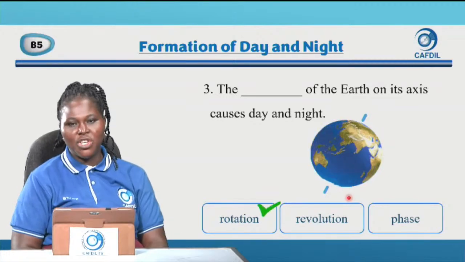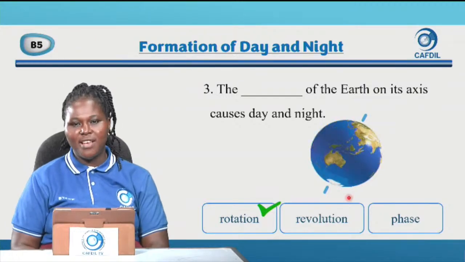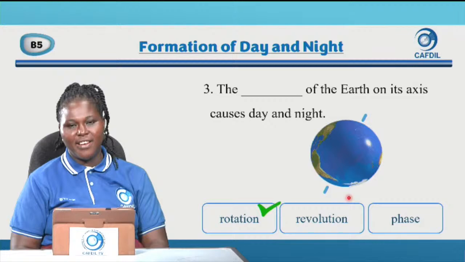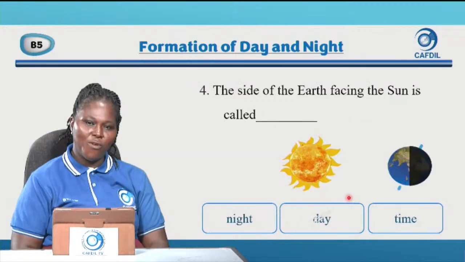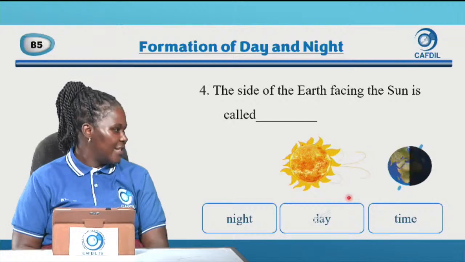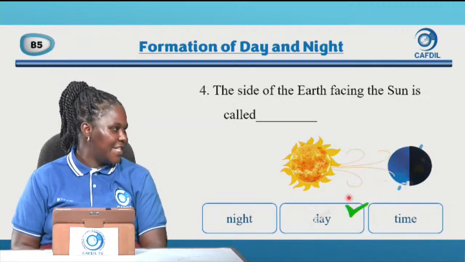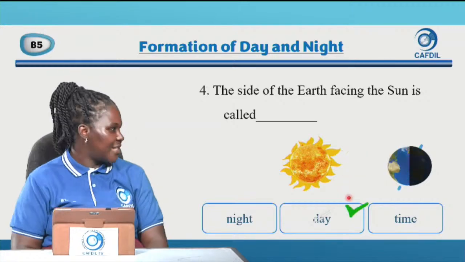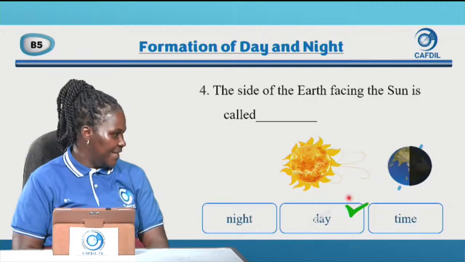So the rotation of the earth on its axis causes day and night. Question number 4. Let's look at the picture on our screen and let's answer the question. The side of the earth facing the sun is called day.